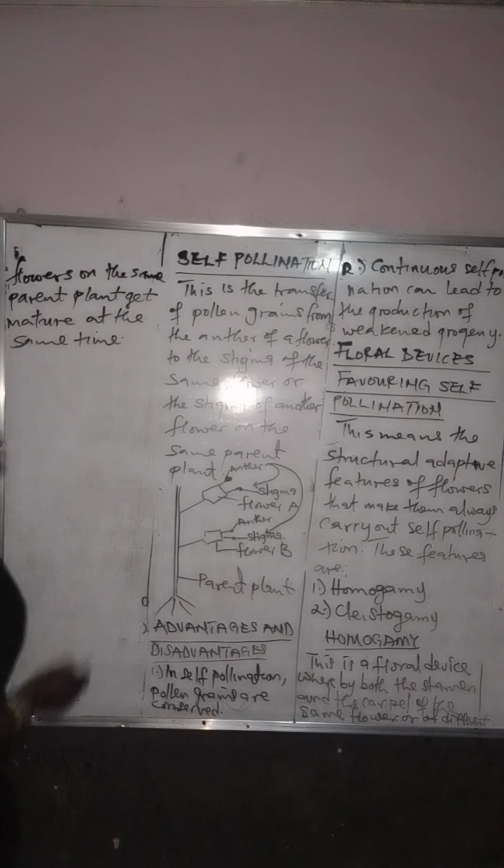So if the stamen, which is the male reproductive structure producing pollen grains, and the stigma of the carpel that wants to receive the pollen grains get mature at the same time, nothing stops them from carrying out pollination, and they pollinate one another.